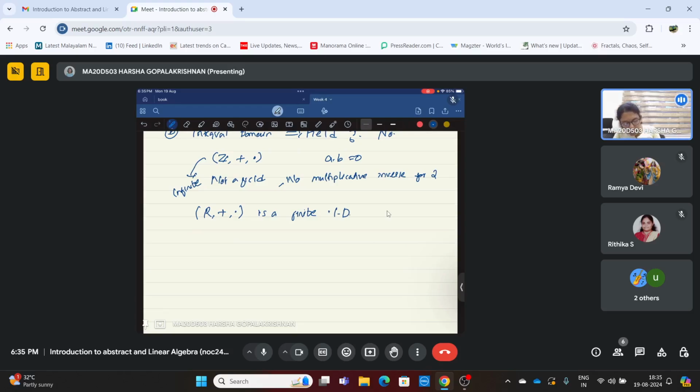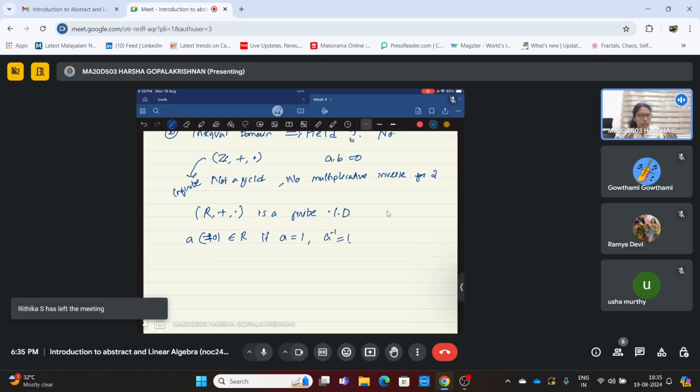For example, let me take A, which is not the 0 element. For each non-zero element we should have a multiplicative inverse. So A not equal to 0 in R. Since it is an integral domain, it has a unity. In case A is the unity, then it has the inverse as unity itself.